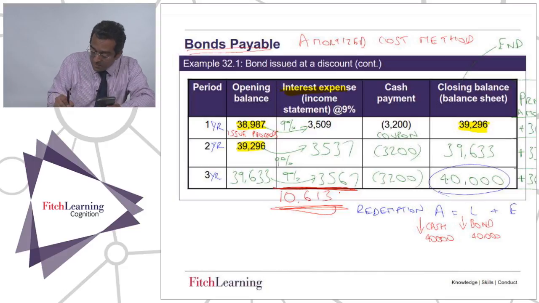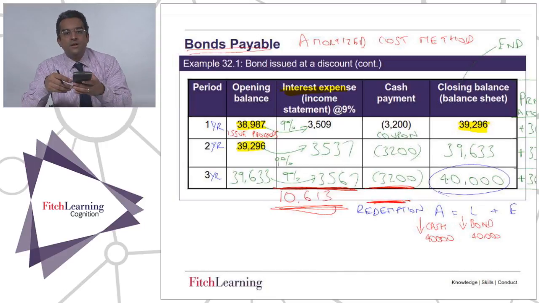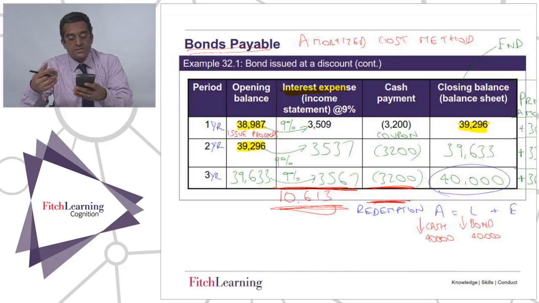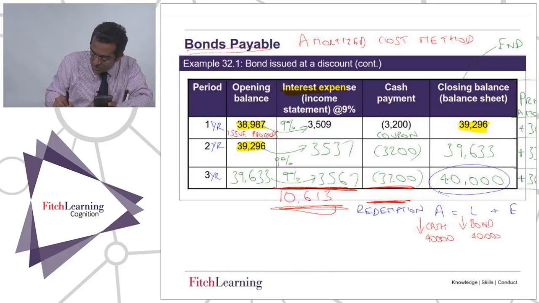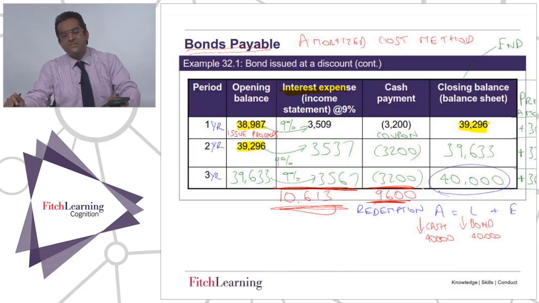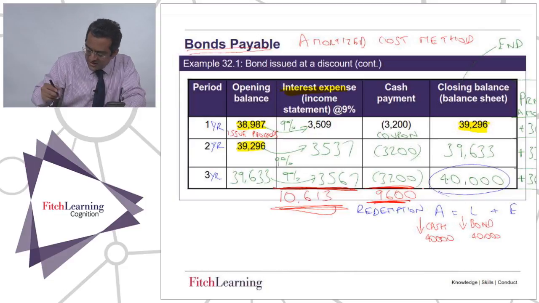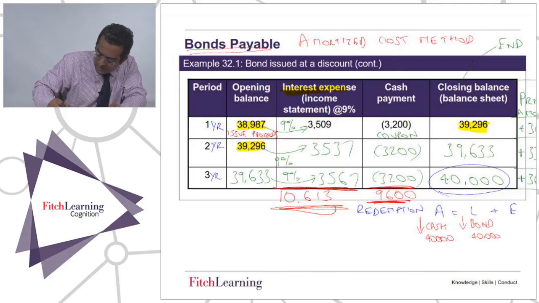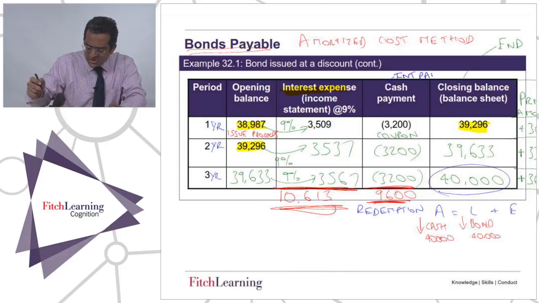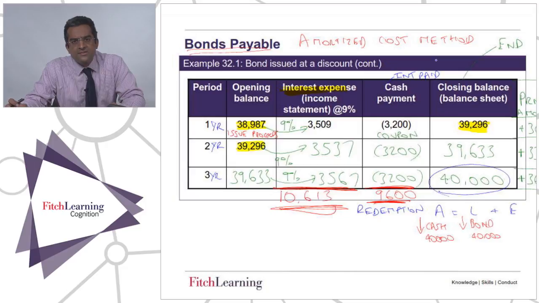Well, the coupons themselves, the actual cash interest payments, was 3,200 three times over, which was giving us 9,600. So what I'm saying is, in terms of interest paid, which is the cash payment, your interest paid is 9,600, but your interest expense is totaling 10,613.